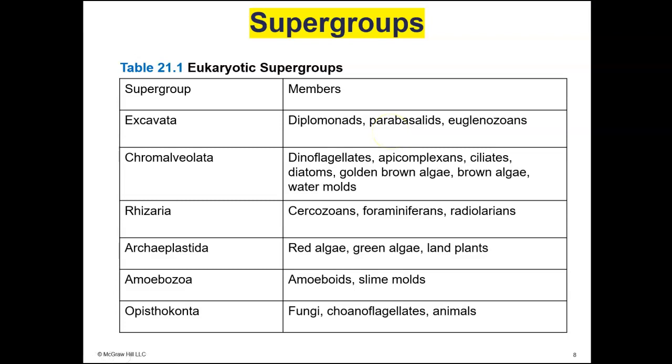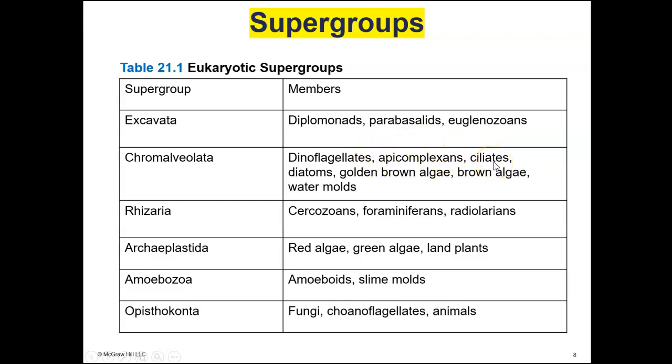Then the chromalveolata, which are really divided into the alveolates and the straminophiles. So the alveolates are the first 3 that are listed here. Dinoflagellates, which are the cause of red tide. Apicomplexans, and one of those is the parasite that causes malaria.